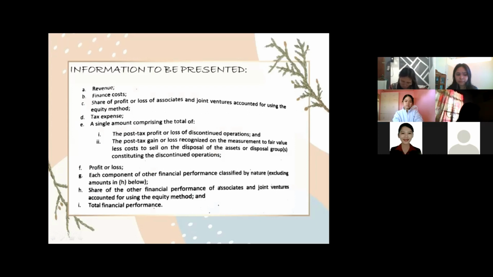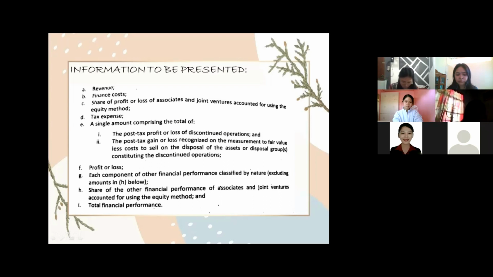Information to be presented. Nandun yung A, revenue, B, finance cost, C, share of profit or loss of associate and joint ventures accounted for using the equity method. D, tax expense. E, a single amount comprising the total of the post-tax profit or loss of discontinued operation and the post-tax gain or loss recognized on the measurement of fair value less cost to sell on the disposal of the asset or disposal group constituting the discontinued operation.